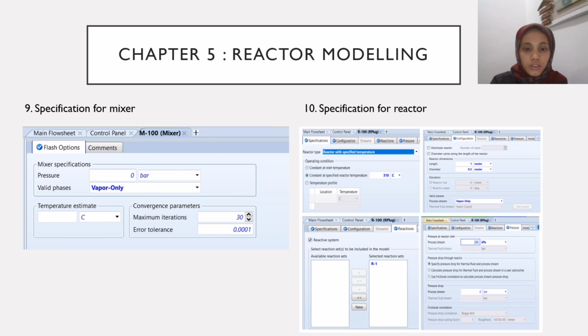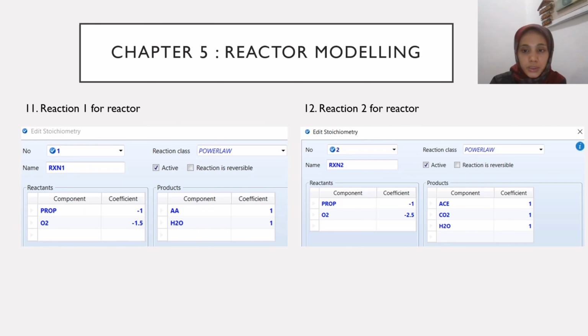The valid phase in the reactor is vapor phase only. Then it continues with selection of reaction set R1, which happens in R100 in the reaction step. There, the pressure of the reactor is set to 250 kPa with zero pressure drop since it is an isobaric reaction.